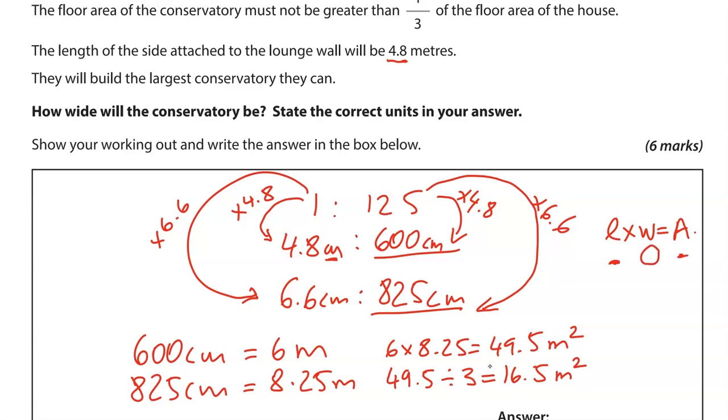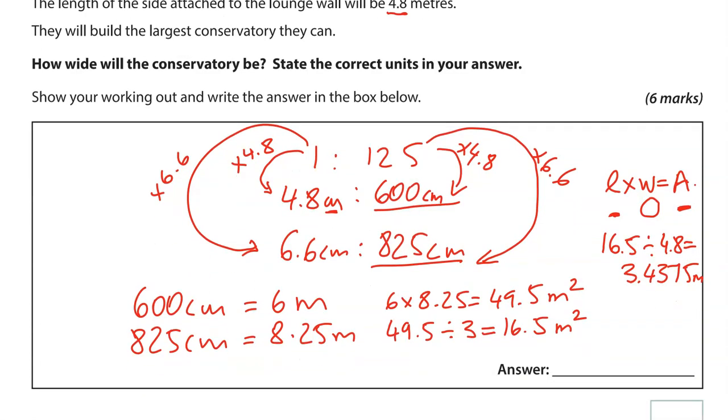So we divide area by the length to give us the width. So area maximum is 16.5. If we divide that by 4.8, it gives us 3.4375 meters. So we could write it as it is, or we could round it.